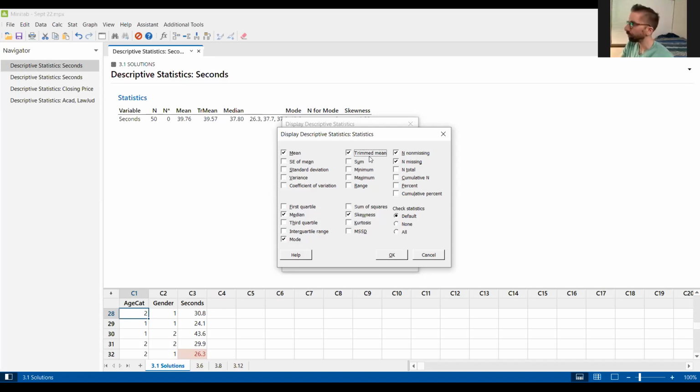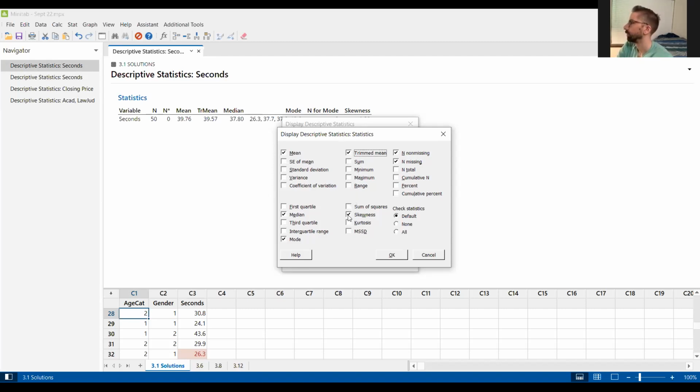Don't worry about calculating it. You can just click the box and it'll give you the trimmed mean, but it defaults to 5% on each side. I unchecked the minimum and maximum. I didn't think it was necessary.